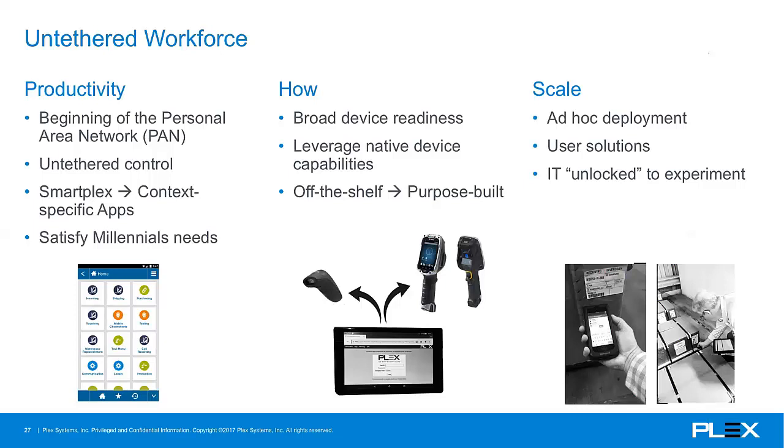In fact, the pictures at the bottom right are actually Plex customers. One using a simple iPod coupled with a Honeywell sled to implement a cost-effective scanner. These customers are a testament to the fact these solutions can be implemented using the core strengths of the device without any support from Plex.